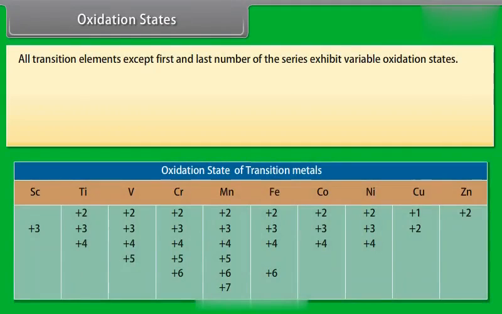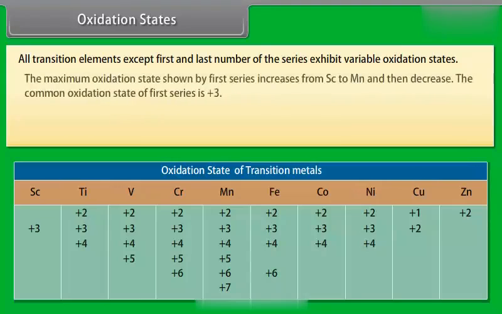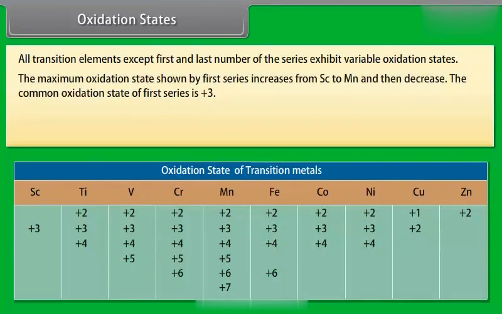All transition elements except the first and last member of the series exhibit variable oxidation states. The maximum oxidation state shown by the first series increases from scandium to manganese and then decreases. The common oxidation state of the first series is +3.